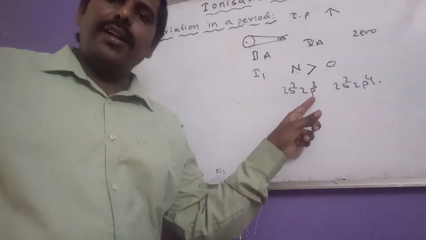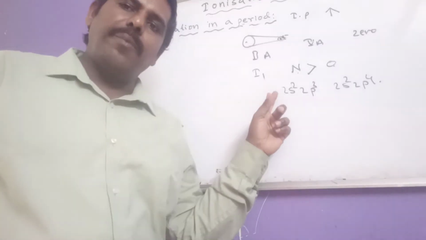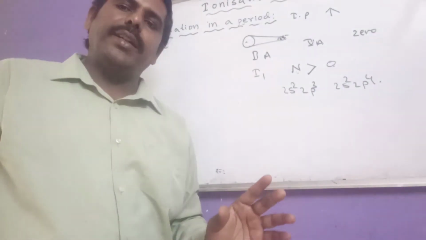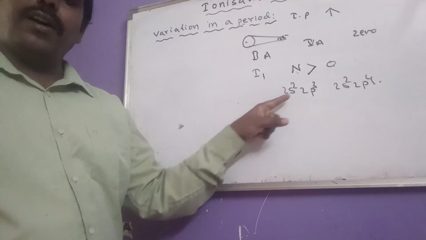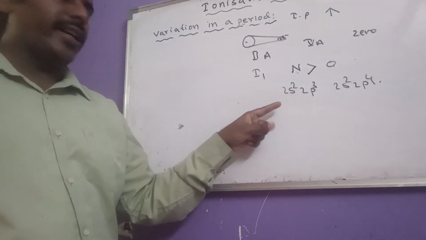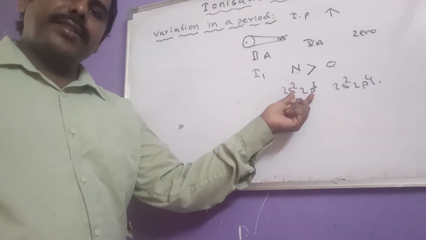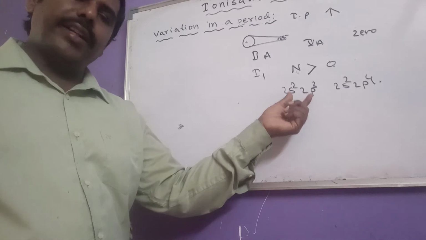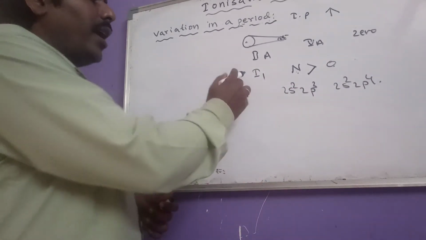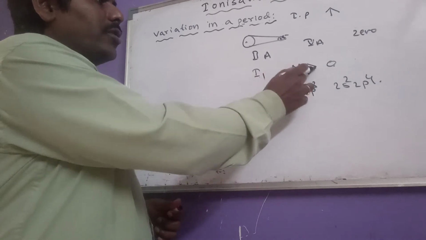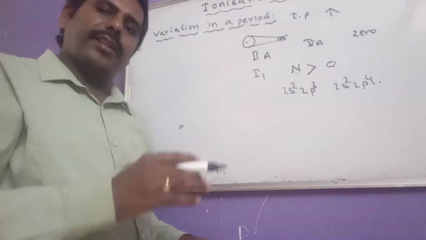Half-filled configuration is more stable than an incomplete electronic configuration. As nitrogen has half-filled electronic configuration, we have to provide some extra energy to remove the electron from nitrogen. That's why IP1 of nitrogen is greater than that of oxygen.